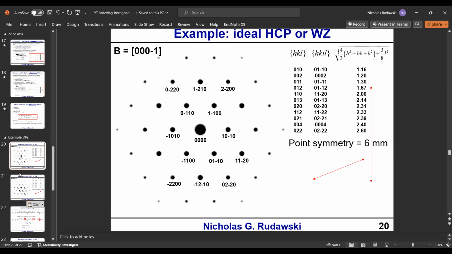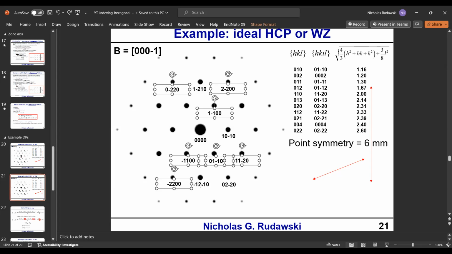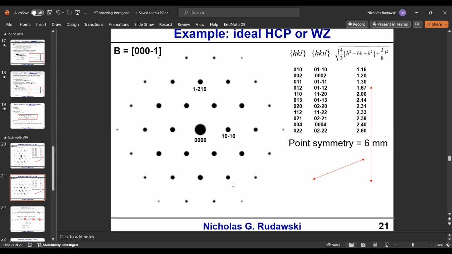Now, what do we do here if we want to apply the selection rules? Let me get rid of everything but my original two. If we want to change this, there's a really quick way to do this.